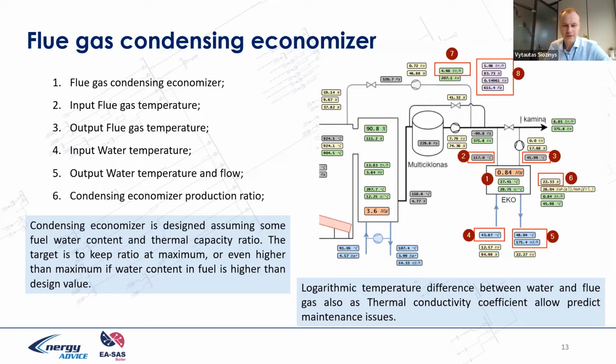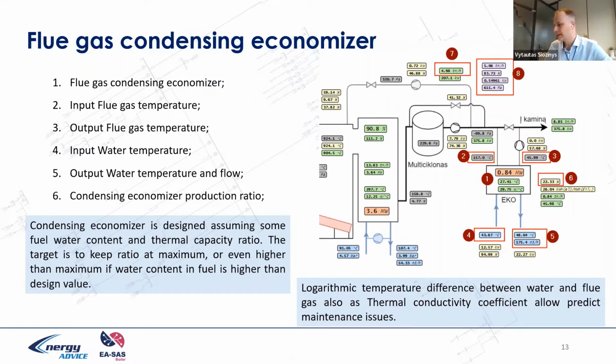Here we see a flue gas condensing economizer. Input flue gas temperature is 157, output temperature is 46 degrees, water temperature input 43, output 48, and the water mass flow.